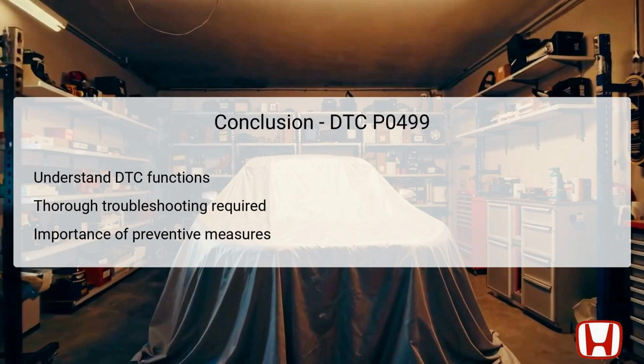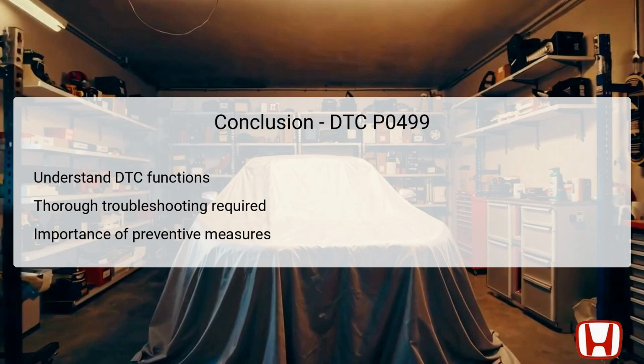In conclusion, understanding DTC P0499 is instrumental for effective troubleshooting in Honda Accord models from 2008 to 2012. The EVAP canister vent shut valve circuit high voltage issue highlights the need for thorough diagnostics, proper adjustments, and regular preventive care.